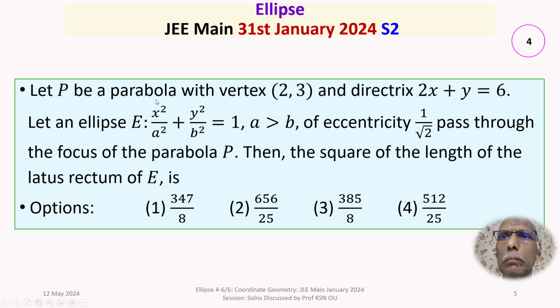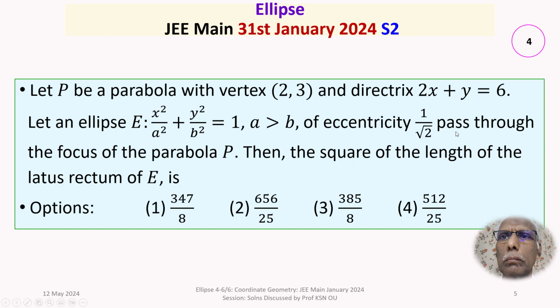We are given a parabola denoted by P, whose vertex is at (2, 3) and the directrix 2x + y = 6. And you are given an ellipse E given as x²/a² + y²/b² = 1, where a > b, with eccentricity 1/√2.